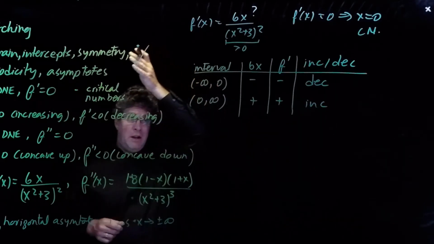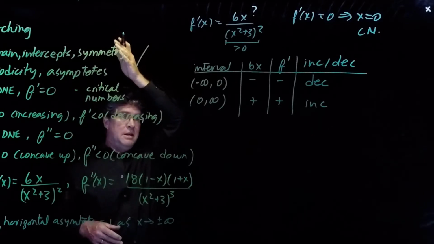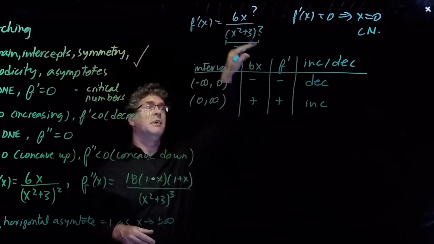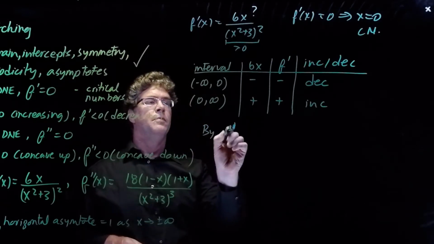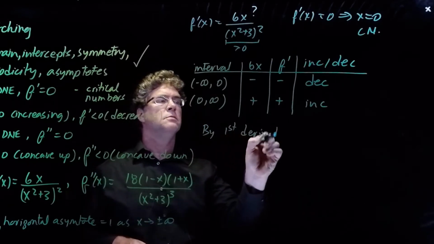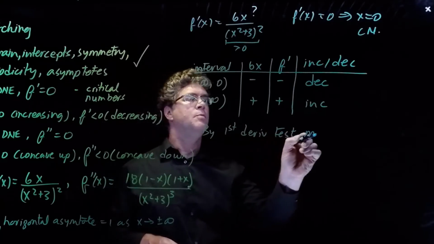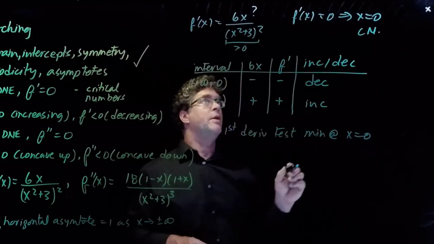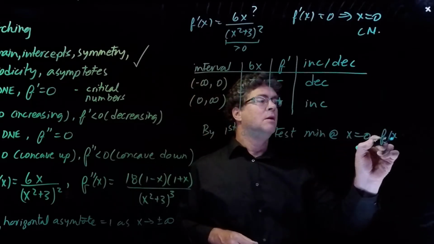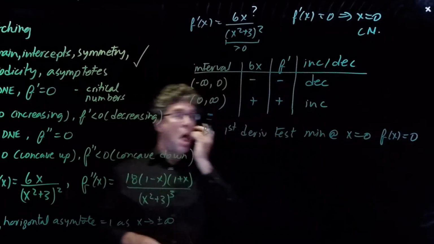And so it's going to be like a happy face, decreasing and then increasing. And so by the first derivative test, there will be a minimum at x is equal to 0, and then f of x will also equal 0.